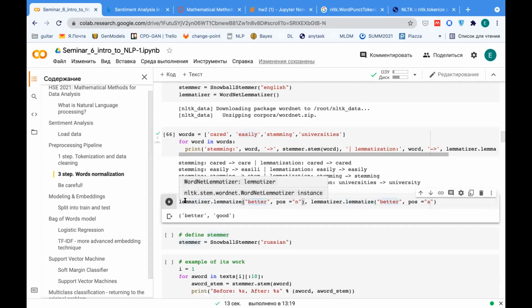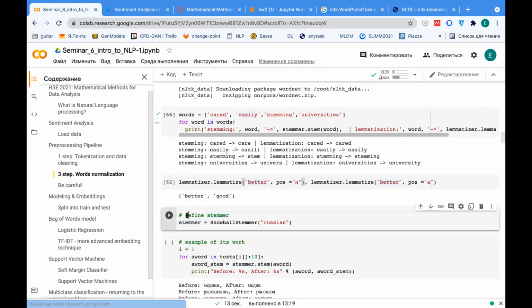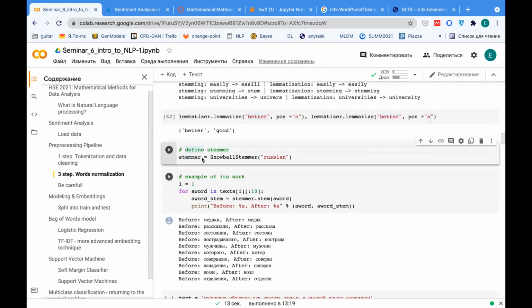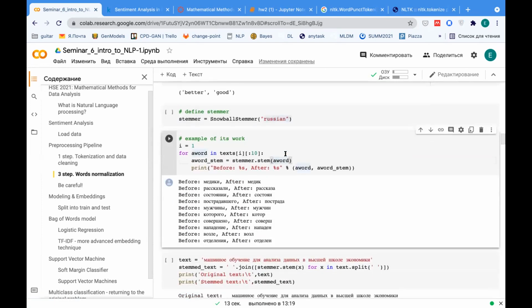So like this. Then let's see what's going on with the Russian language. If we again use the stemmer, but now for Russian, we'll see that actually all words are much different from how they are in the language.